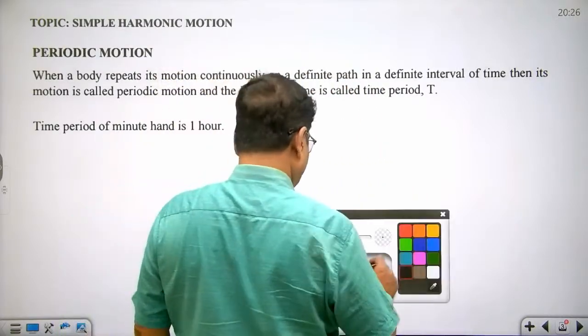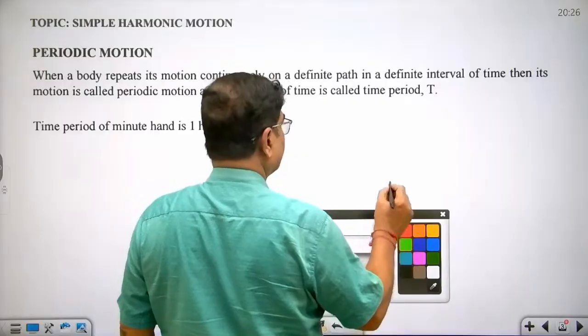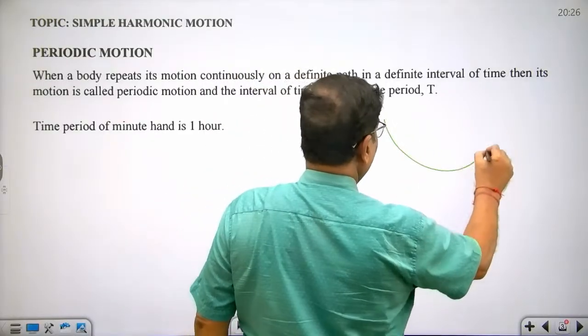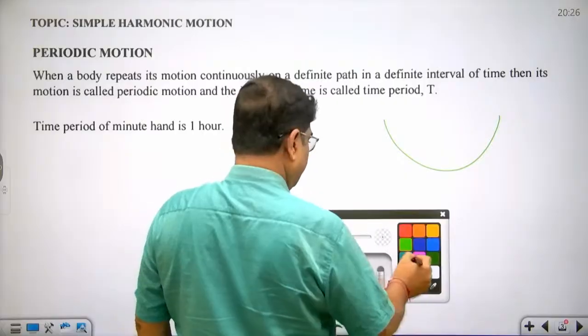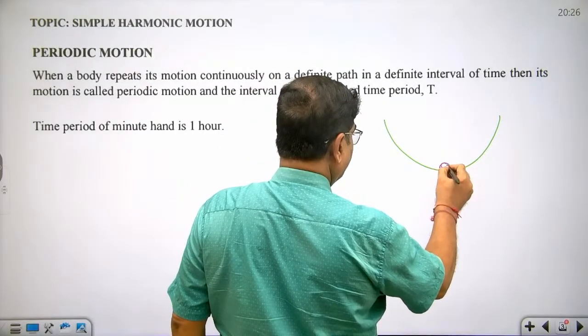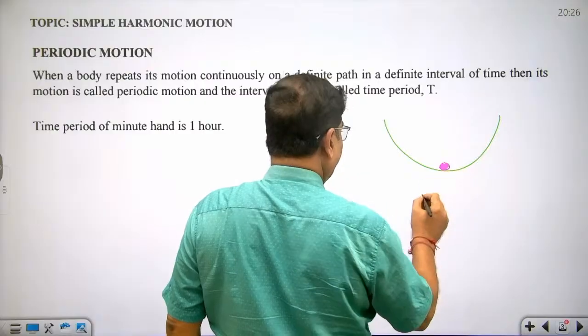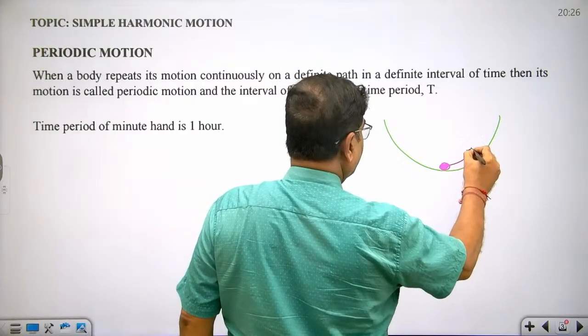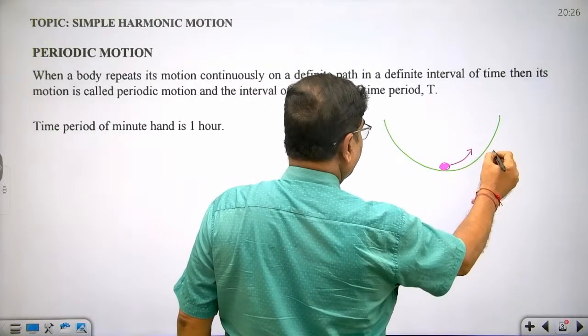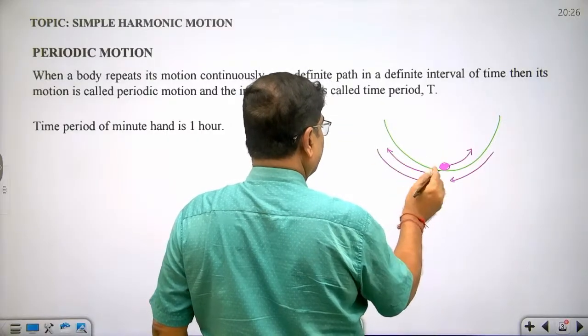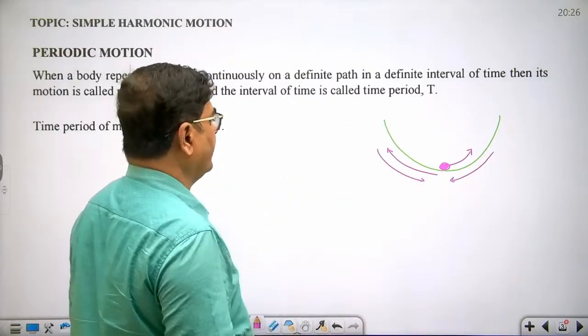For example, see the motion of this ball. If the surface is smooth, the ball will move from here to here, here to here, and then here to here. This will perform periodic motion.